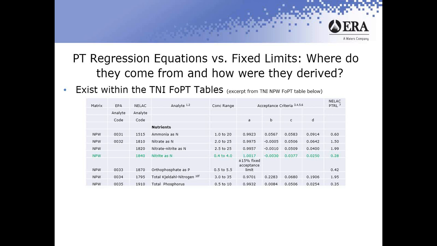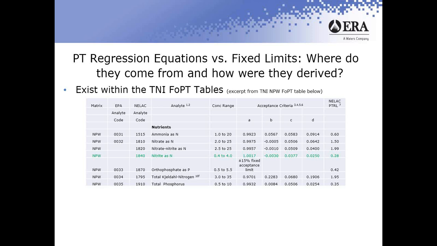A and B will yield a predicted mean. And this is based on a lot of historical data accumulated by EPA, PT providers, and method-derived data. A lot of different sources went into calculating these regression equations. So A and B are used to calculate a predicted mean within that concentration range.